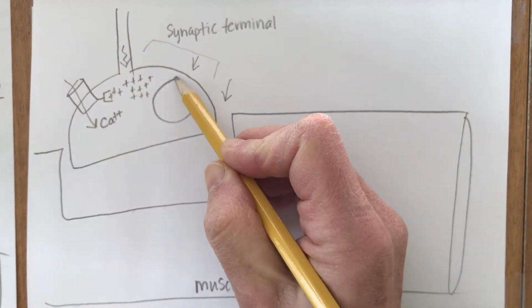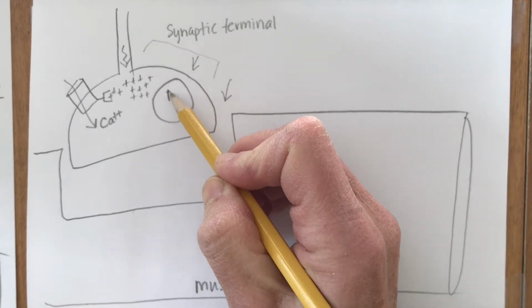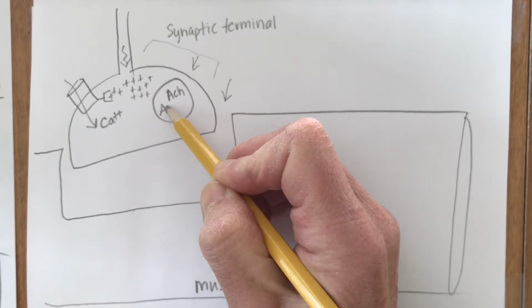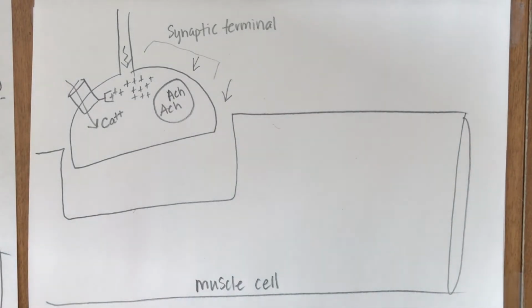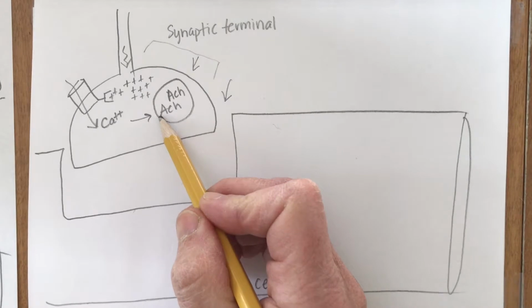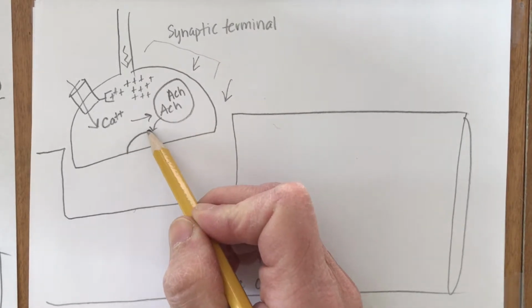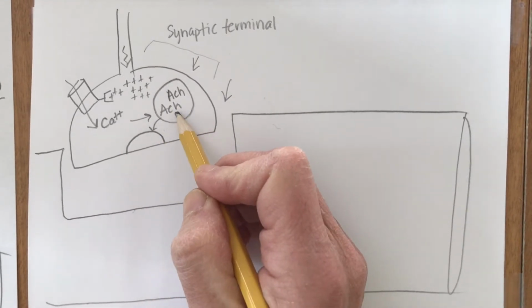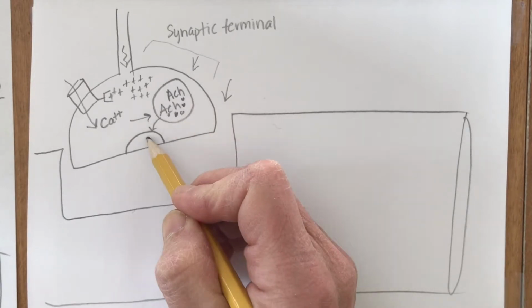This influx of calcium triggers acetylcholine vesicles, or a vesicle full of acetylcholine, and the calcium triggers exocytosis of this acetylcholine vesicle.